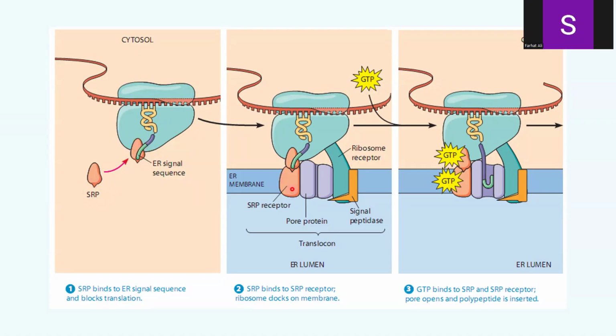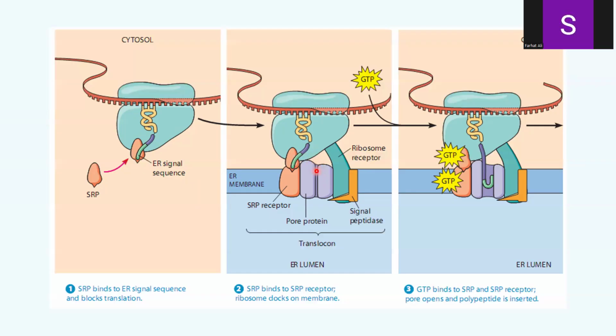The SRP has a receptor called the SRP receptor present on the membrane of the ER. So the SRP will carry the entire complex to its receptor and bind here. Associated with the membrane is a translocation pore. As the SRP brings the ribosome here, this is followed by GTP hydrolysis, and the energy from GTP hydrolysis is used to push the newly synthesized portion of the protein into the channel.